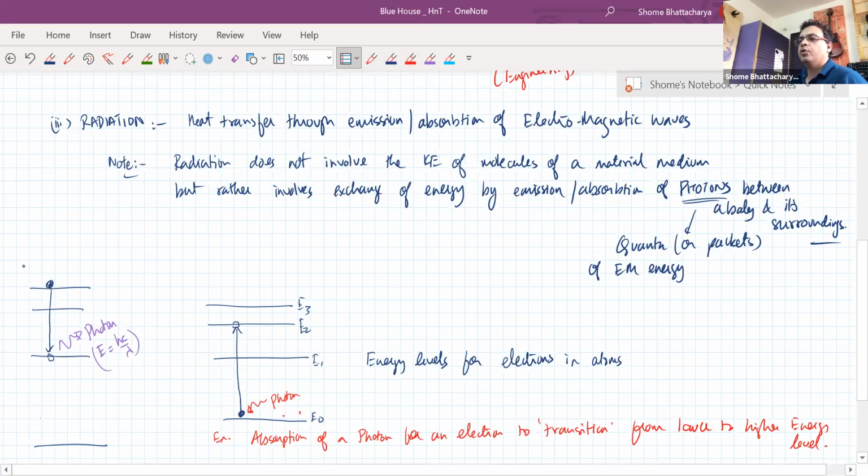What is more important is that this is a process where an electron will emit a photon when it transitions from a higher to a lower energy state.